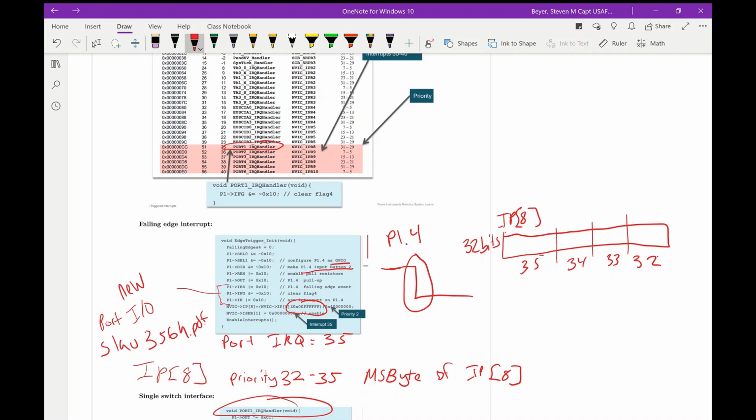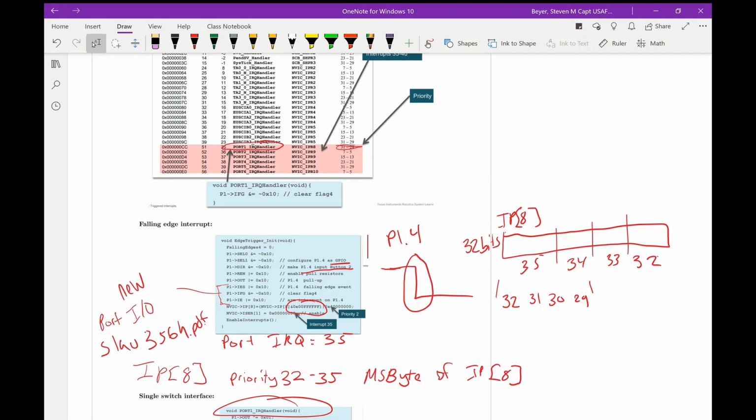All right, so how does this work? We are setting bits 31 to 29. So this is 32 bits, so 0 to 31, and bits 31, 30, and 29 are going to be the bits that are responsible for what priority this is.